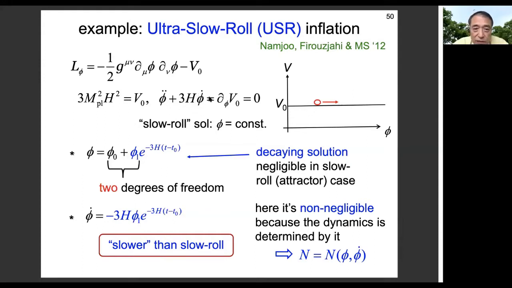The actual motion of phi is dominated by the so-called decaying mode, because if you put this equal to 0, you immediately see that phi dot is proportional to 1 over a cubed.